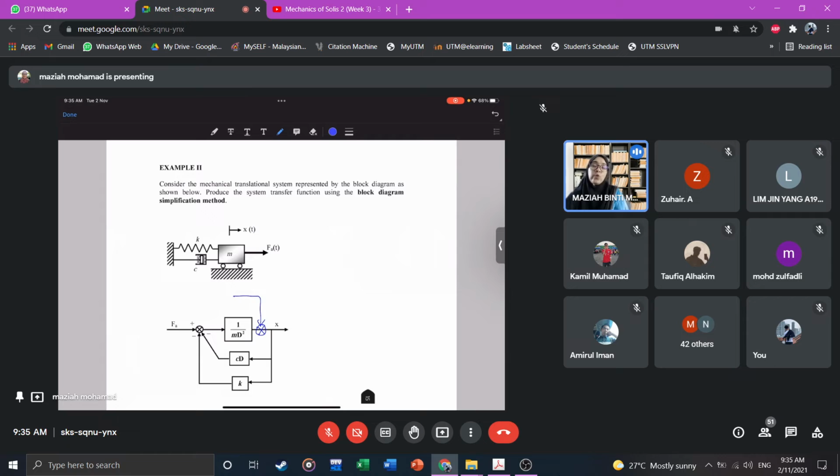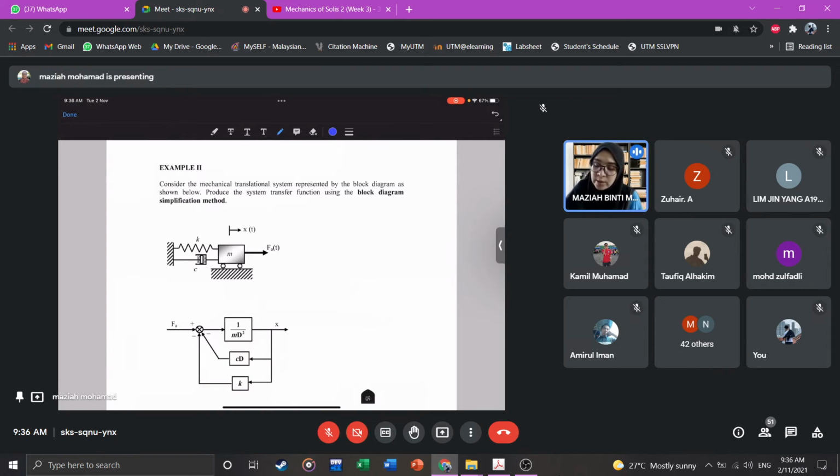We will need to move the summation point first. Since in this example there is no other obstacle, no summation point, no pick off point that we need to move, therefore we can just use rule number 5, which is the feedback parallel equation there.